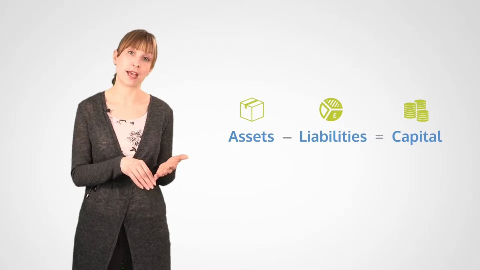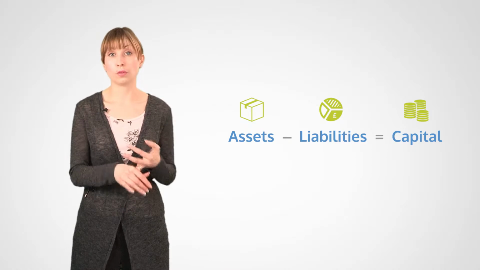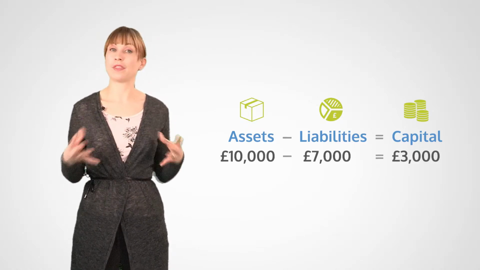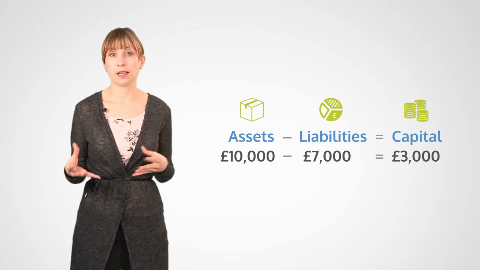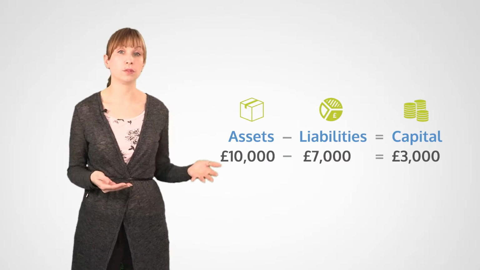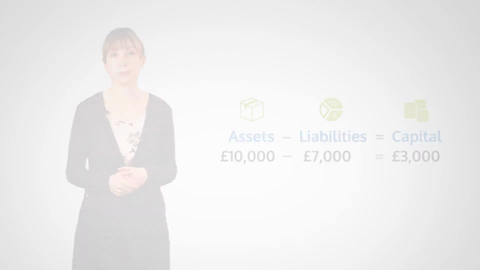So either what's been invested by the owner of the company, or the profits that's been reinvested. So if we said we'd got £10,000 worth of assets, if we take away from that the £7,000 that we owe out in loans, we're left with £3,000 worth of capital.